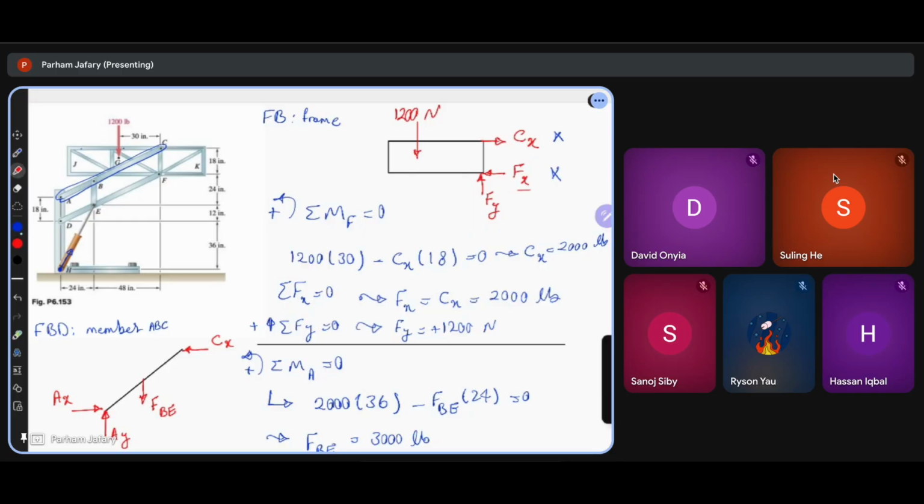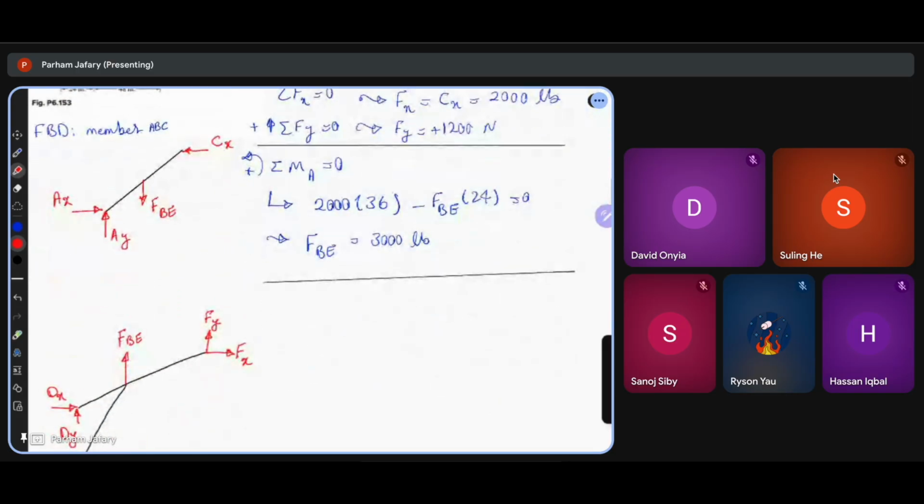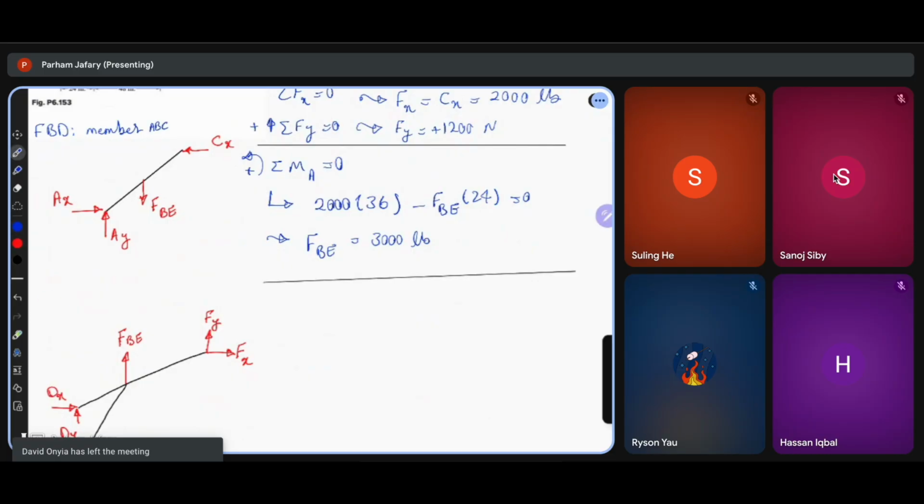So if I take this member and this member and isolate them and draw the free body diagram for them, it will be the free body diagram of DEF and HE. Okay?